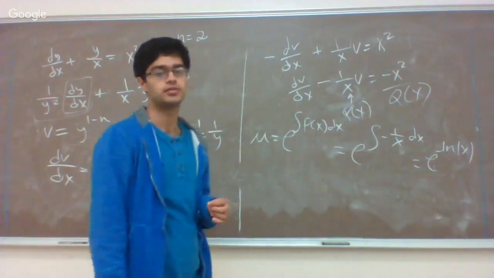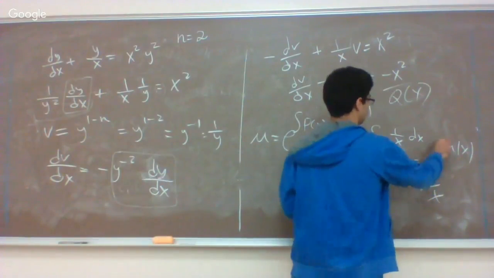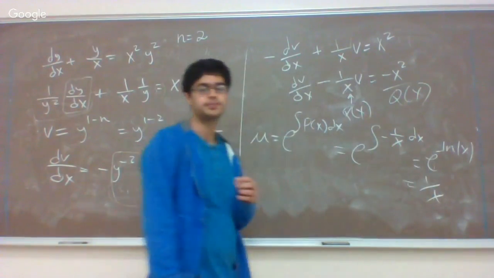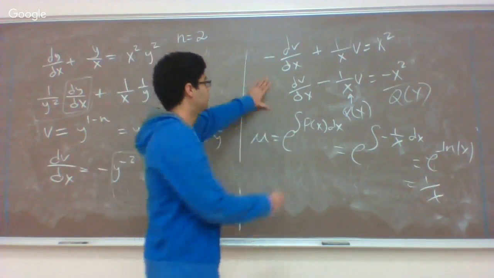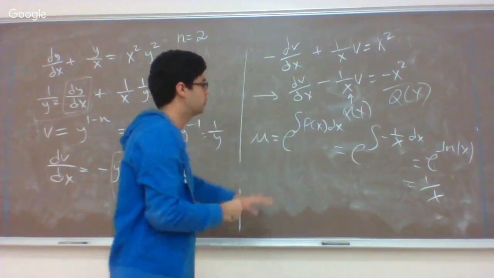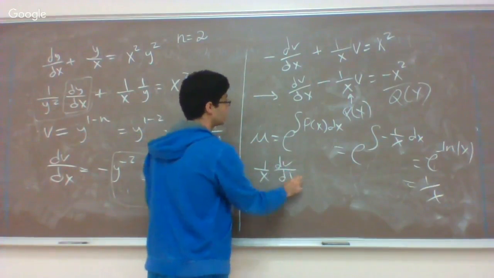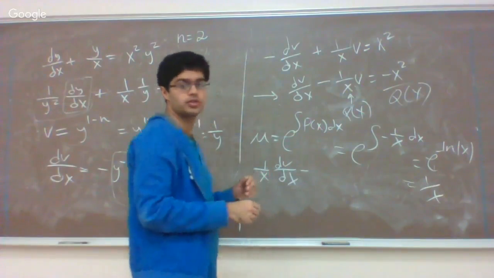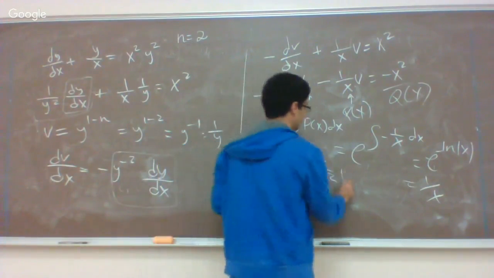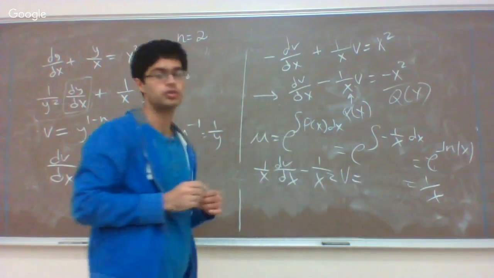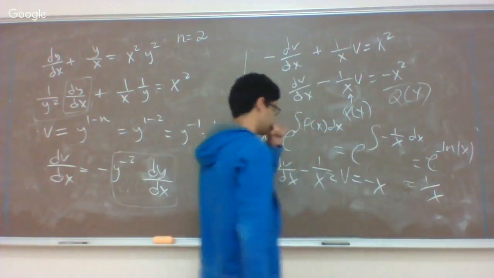So if you solve that, you actually get 1 over x, because of the negative exponent. So we multiply all of this equation by our mu. So I have 1 over x times dv over dx minus 1 over x squared times v equal to negative x.